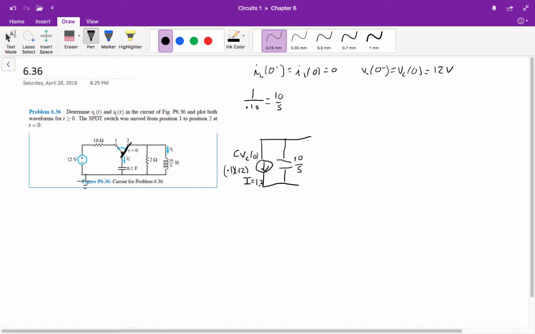And then we have a resistor, and the resistor will just be 2. And then we have an inductor. Now IL of 0 is 0, so we don't have to put a current source in parallel. And the inductor will be LS. L is 10/6, so this will be 10/6 S. Now we can see that the current from the current source, I'm sorry, not IC, I drew that the wrong way.